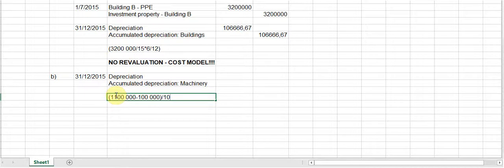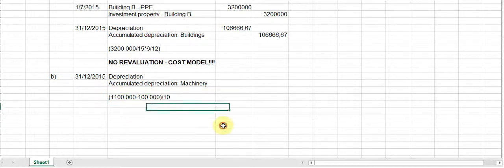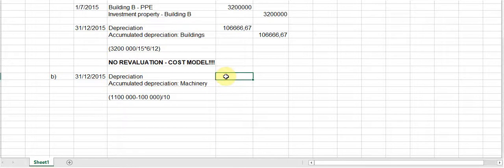It would seem to me like we had the asset for the whole year because we already had accumulated depreciation for it at the beginning of the year, so it should have existed at the beginning of the year already. So the depreciation that we're going to account for here is then the 1 million rand basically, because we need to minus the residual, divided by 10 years, which gives us 100,000 rand.